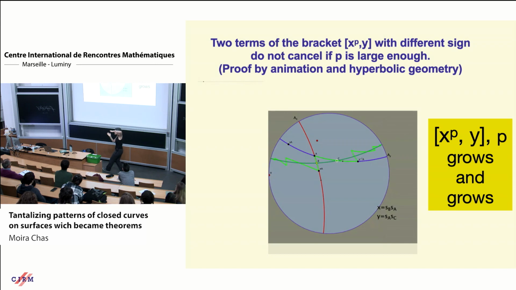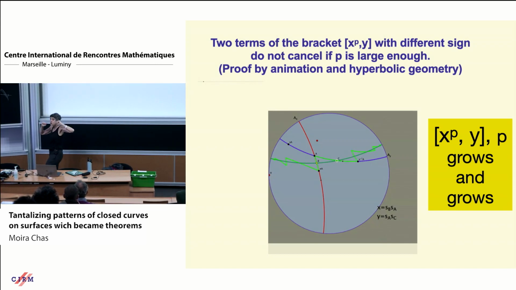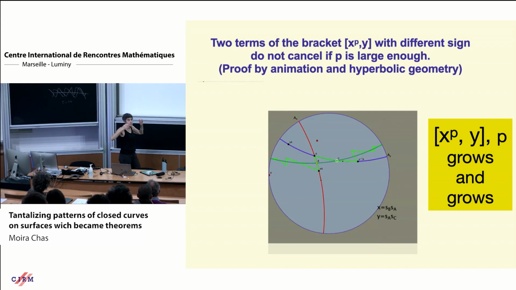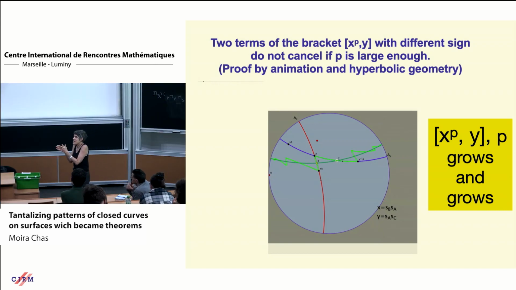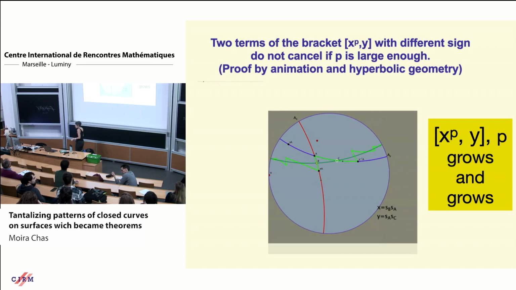These are very long pieces of a geodesic going very close, and in the hyperbolic plane they have to be the same. Two geodesics that go for a long time at bounded distance are the same. So this is the essence of the proof: there's no cancellation when p grows.